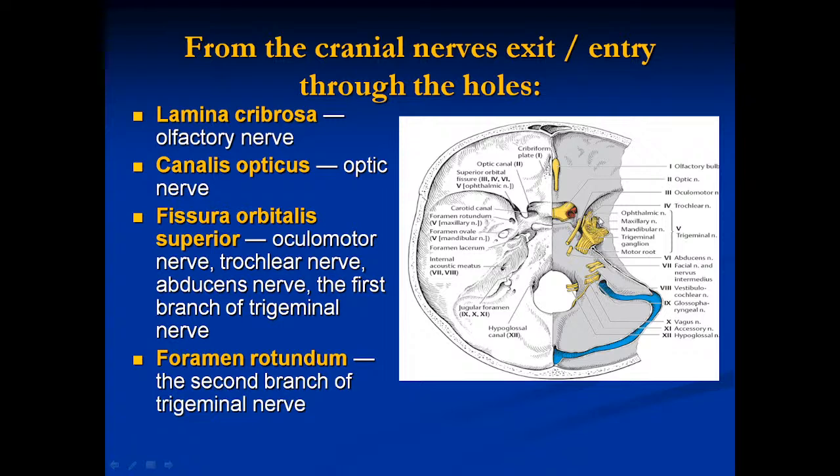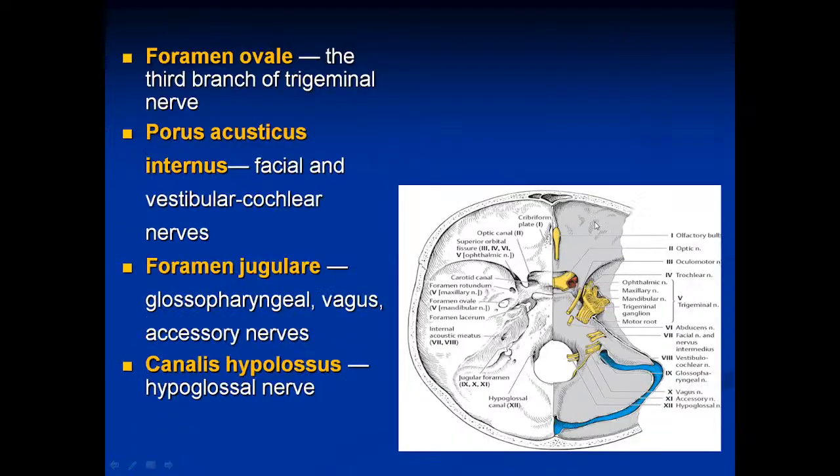This is foramen rotundum. Through this foramen goes the second branch of the trigeminal nerve, maxillary nerve. Next, this is foramen ovale. Through this foramen goes the third branch of the trigeminal nerve, mandibular nerve. Next, porus acousticus internus.